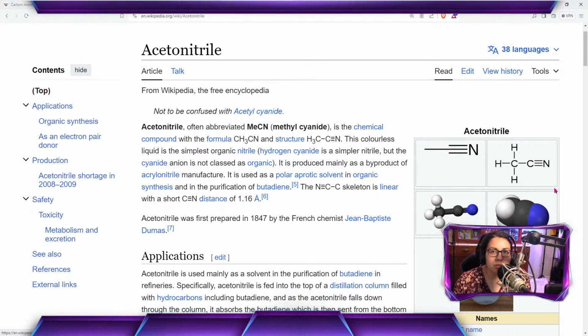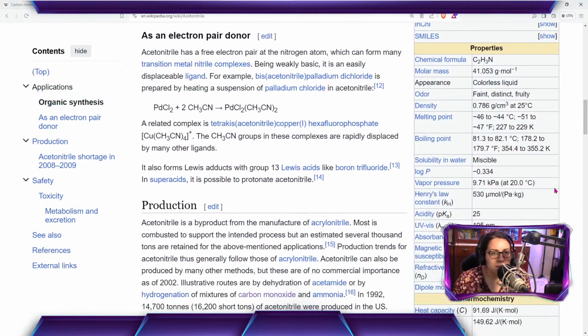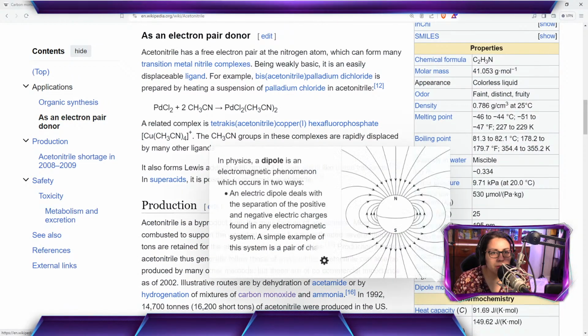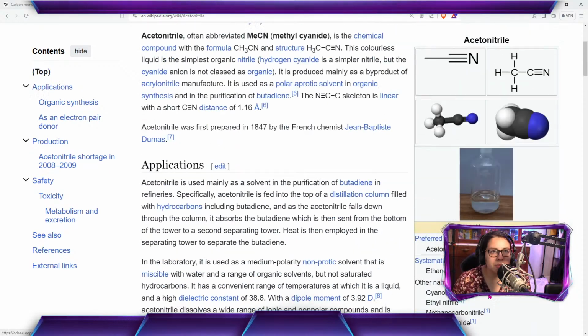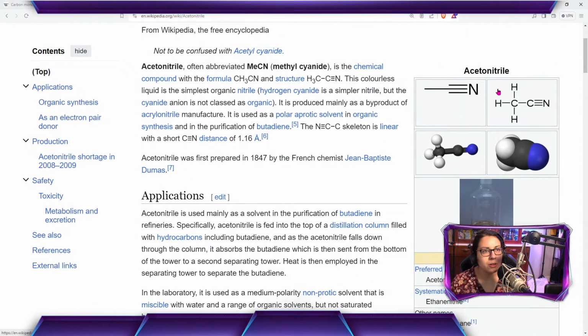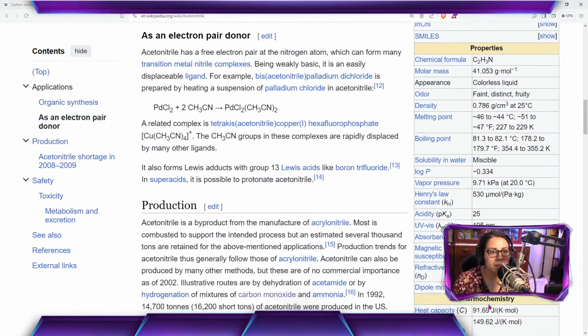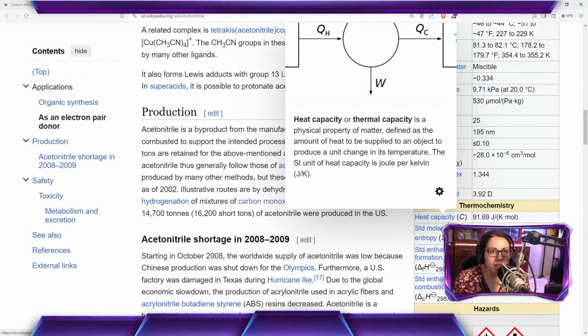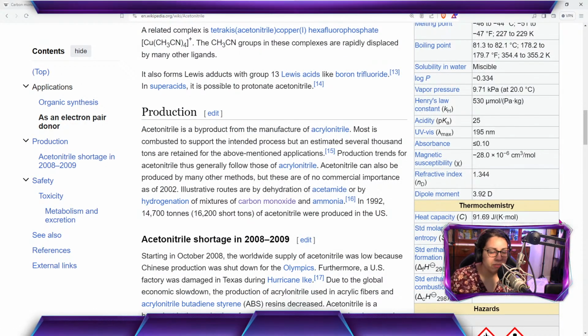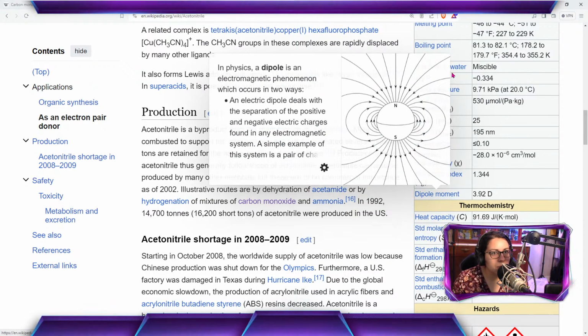So you can see the structure here. And let's look at its dipole moment. So its dipole moment is almost 4. And so again, just trying to put it in context for y'all. That dipole moment is related to polarity. And so if you wanted to check your thinking, like, am I on the right track? If this is polar, nonpolar, you can always look up the dipole moment.